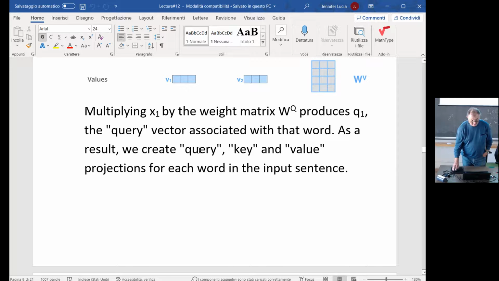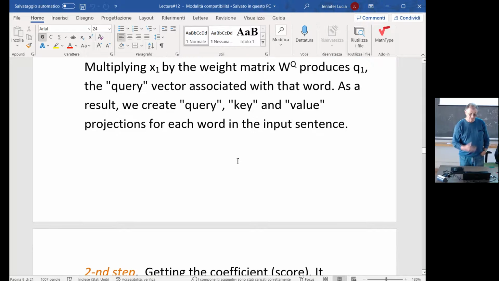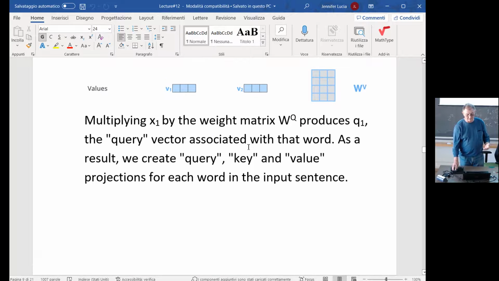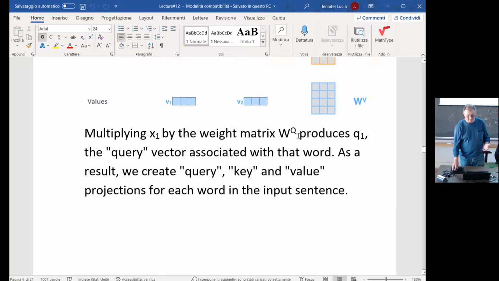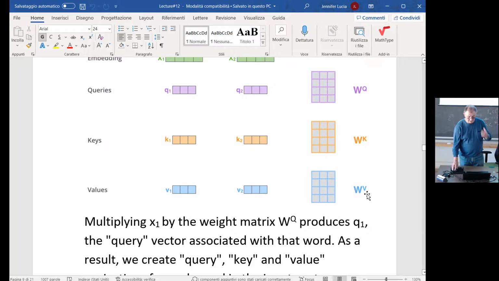As a result, we create query, key, and value projections for each word in the input sentence. So by multiplying x1, x2 by weight matrices WQ, WK, WV, we get Q1, K1, V1, and so on.